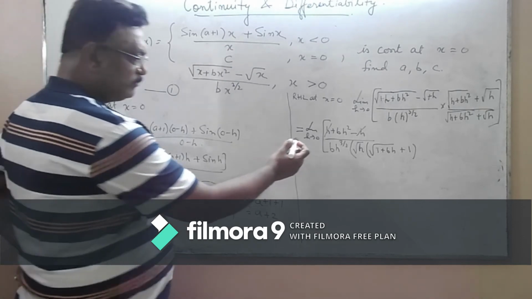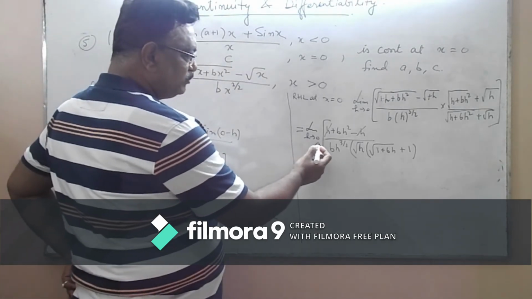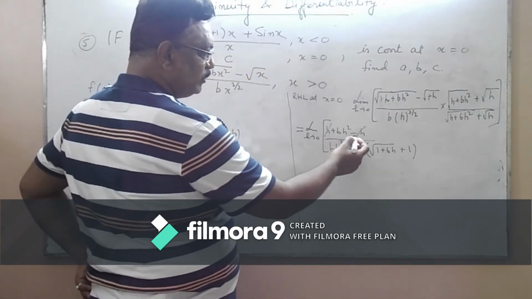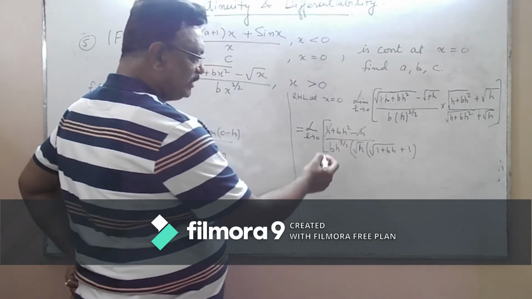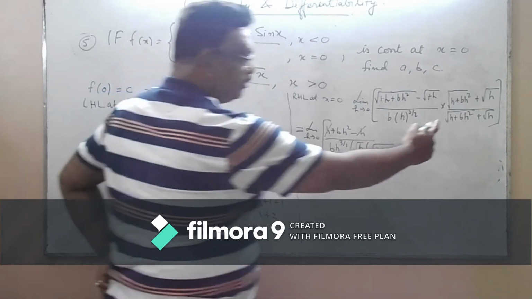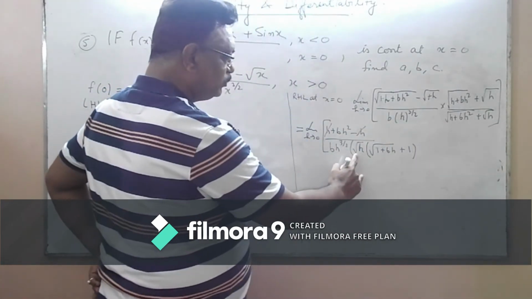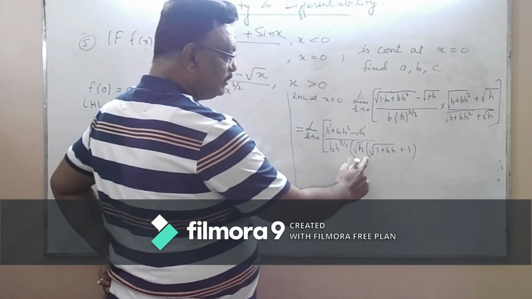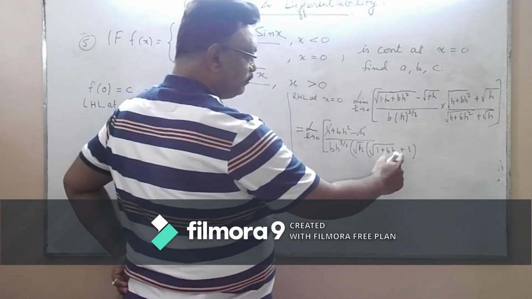So students, we have seen limit h tending to 0, h plus bh square minus h. So h and h gets cancelled, and this is bh raised to the power 3 by 2. From here we have taken out root h common, so we are left with root of 1 plus bh plus 1.